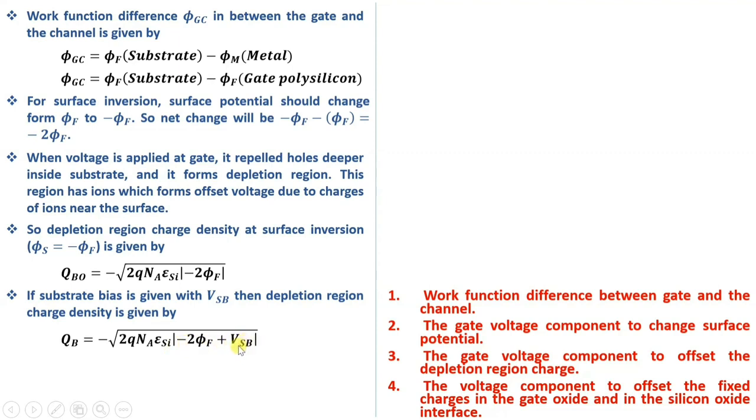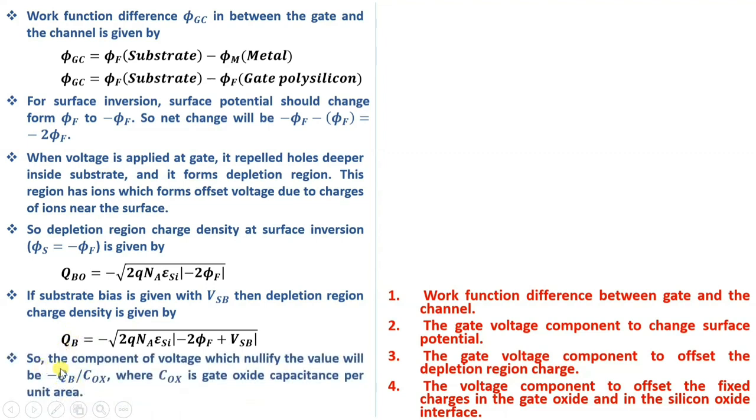So this is the case which we have given for substrate bias. QBO, that is there with biasing voltage equal to 0. But if you provide certain amount of biasing with substrate, in that case we need to add this substrate bias voltage over here. Now this is what charge density that we have, and based on this charge density we can identify potential. So potential will be QB divided by COX, right?